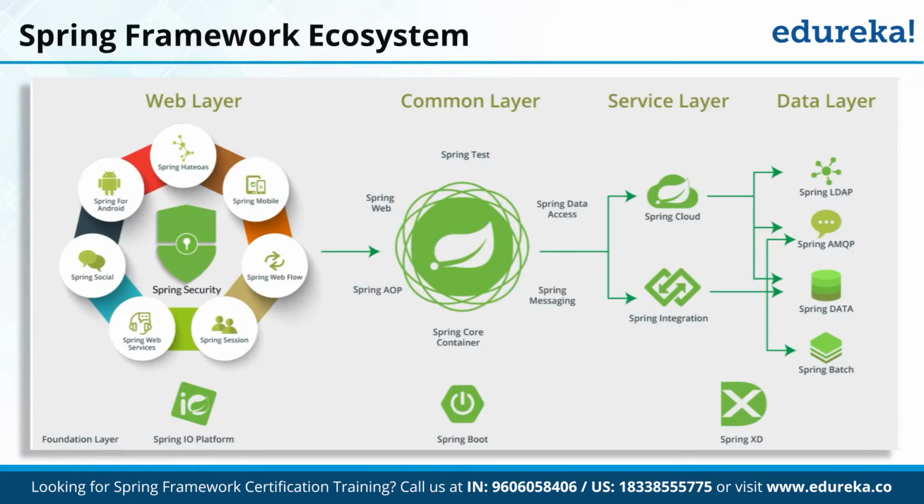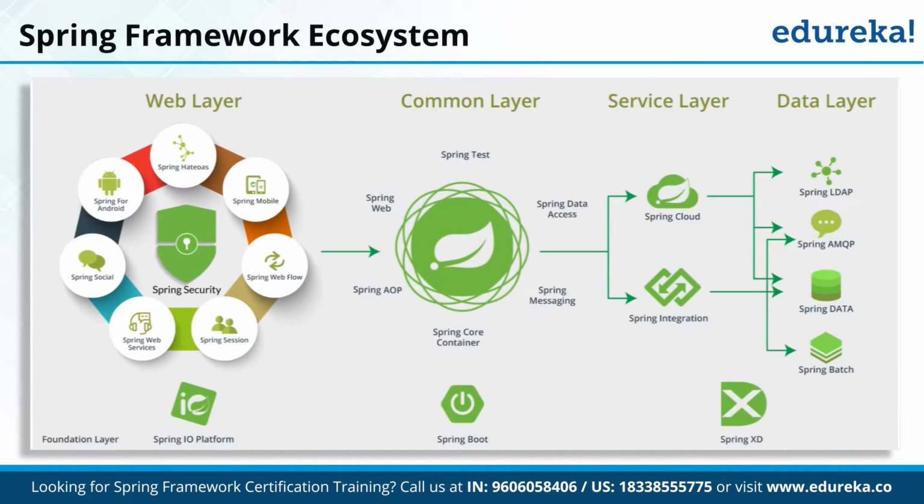So what exactly is the ecosystem of the Spring Framework? So guys, we got a web layer, right? And we got a common layer, service layer, and a data layer. These are the different layers available in the Spring Framework ecosystem. We got the web layer, and it's basically the Spring IO platform.